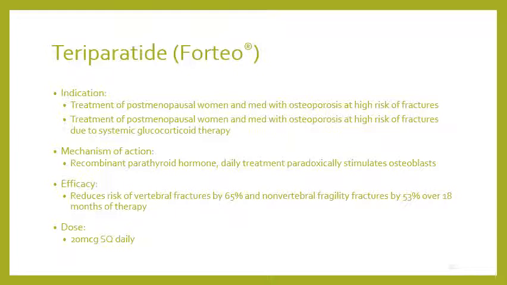The way this medication works is that it's a recombinant form of parathyroid hormone, and it's a daily treatment that stimulates osteoblasts. It's been shown to reduce the risk of vertebral fractures by 65% and non-vertebral fragility fractures by 53% over 18 months of therapy. It's a 20 microgram subcutaneous daily injection.